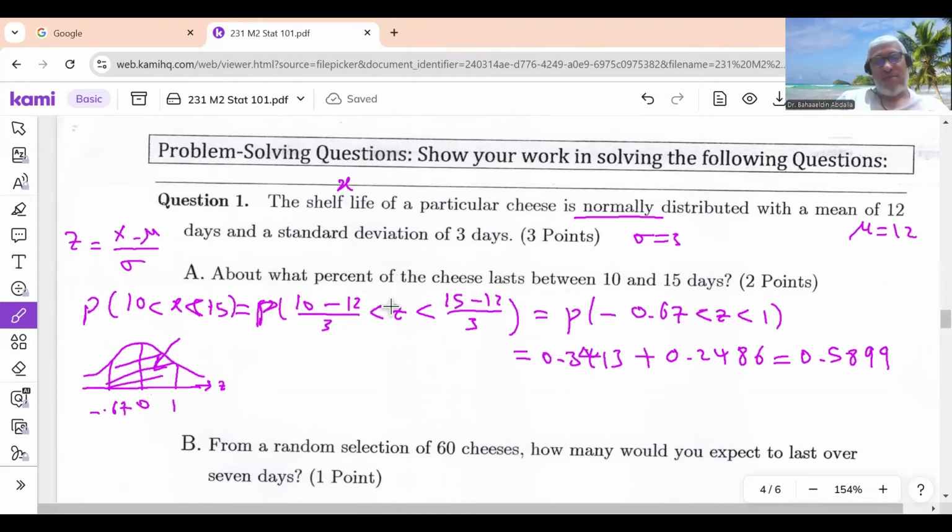To get the percent you multiply the probability by 100. So 58.99%, or just 59%. So 59% of cheese lasts between 10 and 15 days.